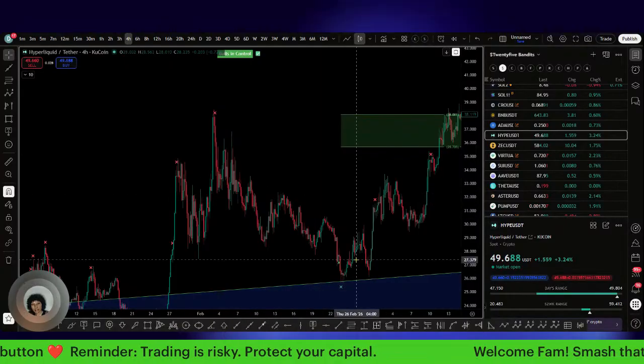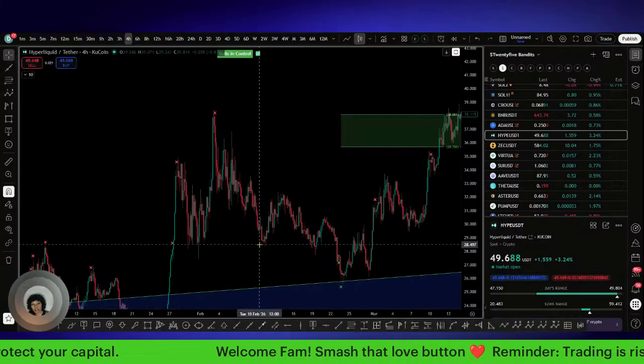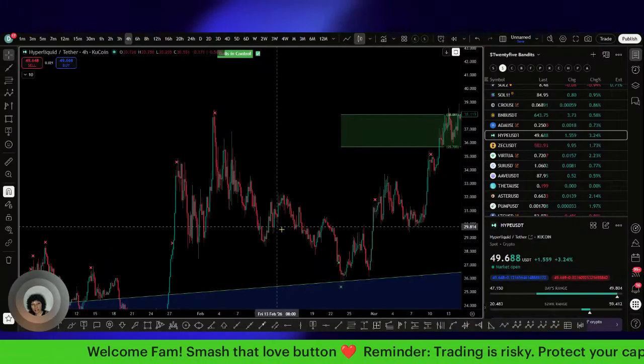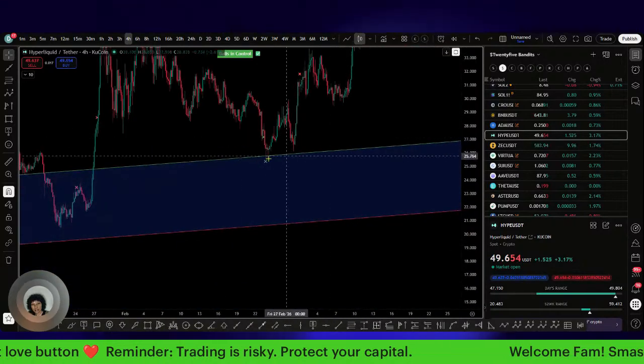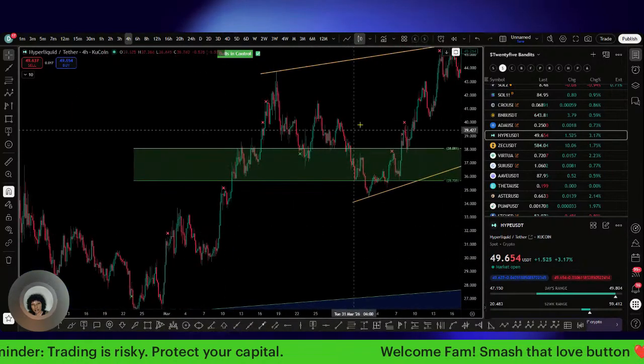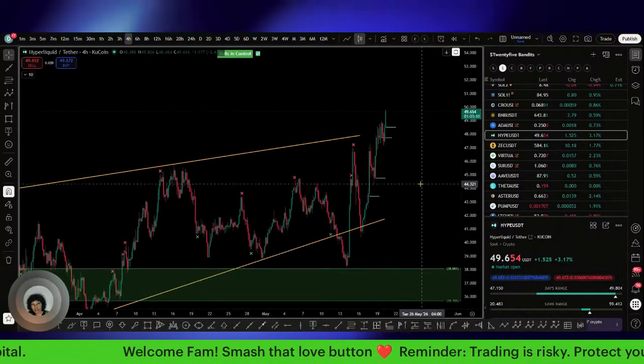I think we were back over in here somewhere, and I was saying I like the 4-hour chart, but then it slid on down into that support level right there. If I'd have just stuck to that, I probably would have been long on it.